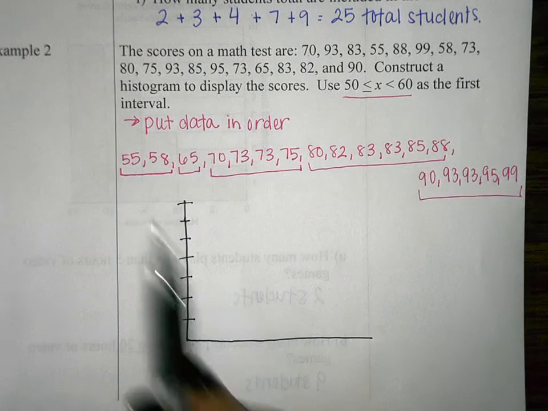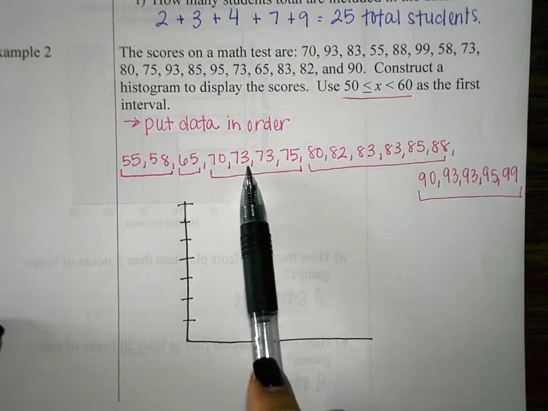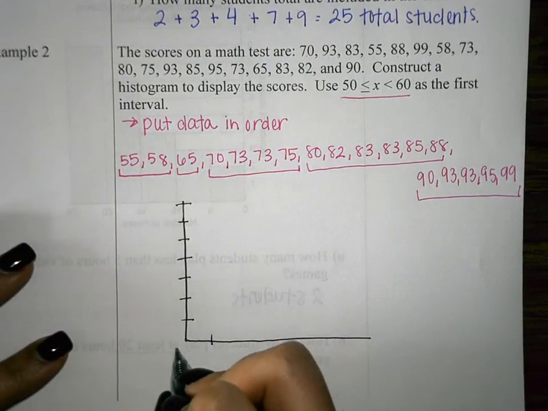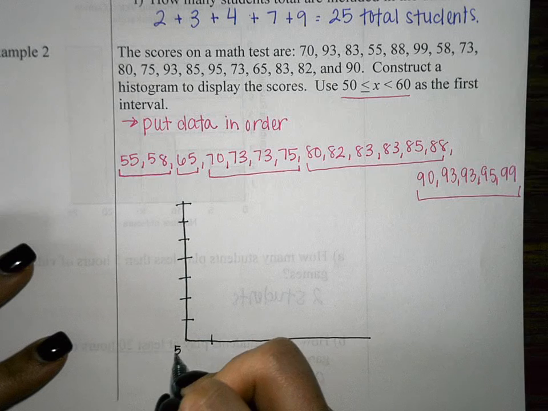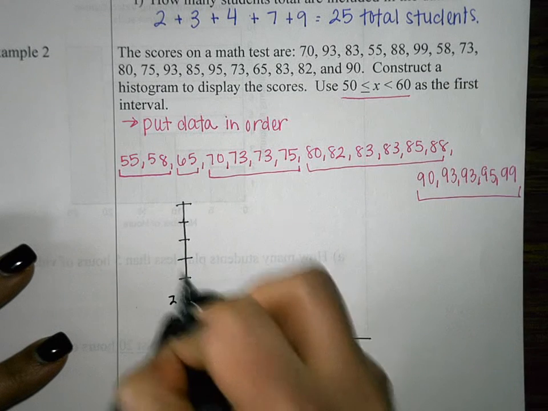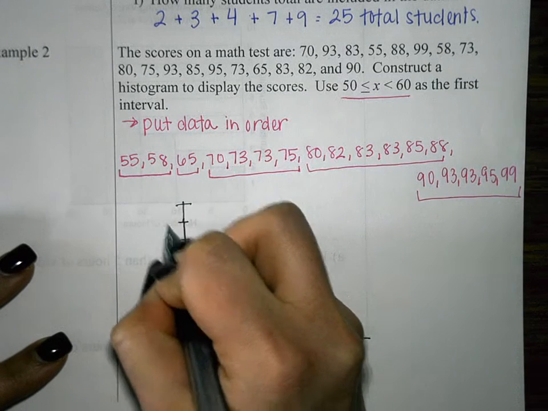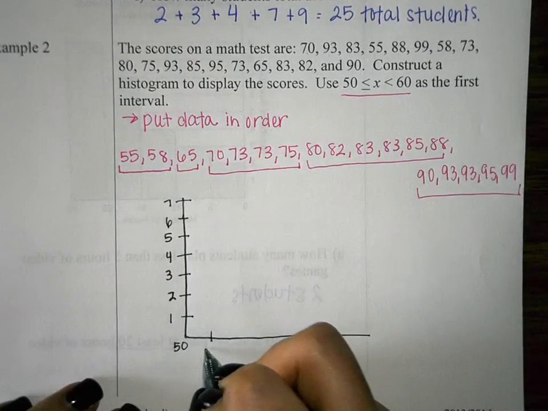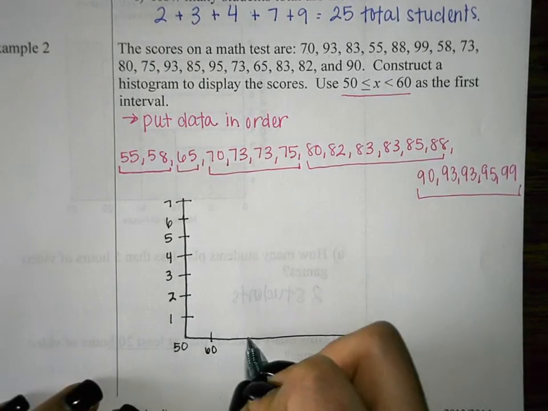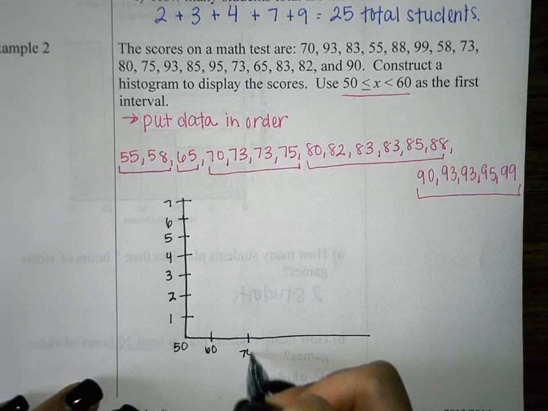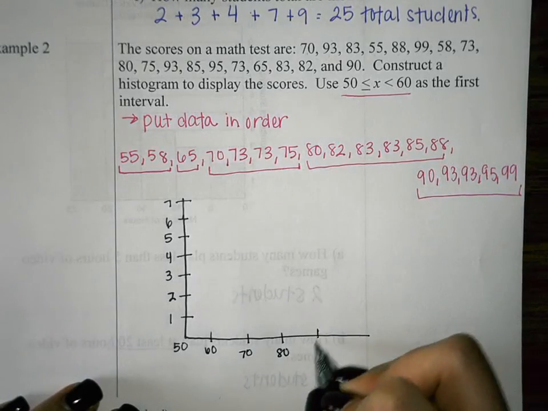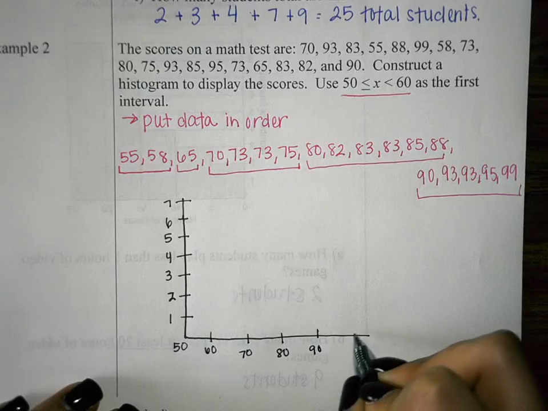And then we're going from 50s, 60s, 70s, 80s, 90s. So my 0 is going to start here at 50. Label your y 1, 2, 3, 4, up to 7. So my first one is going to be from 50 to 60, which means my next interval is going to be from 60 to 70, 70 to 80, 80 to 90, and then finally 90 to 100.